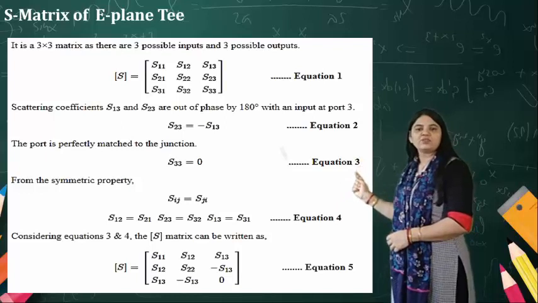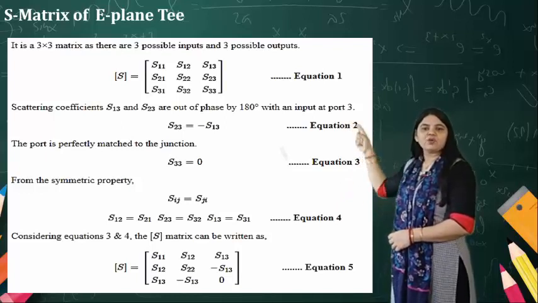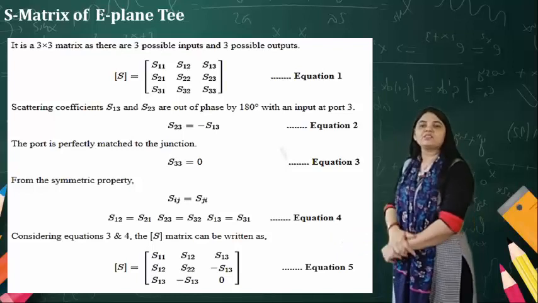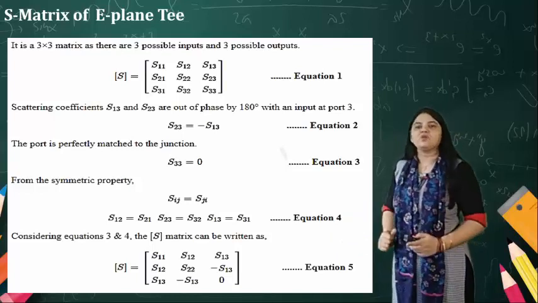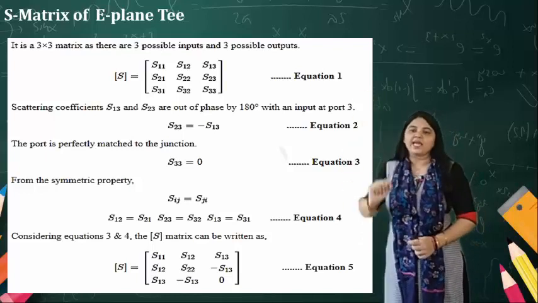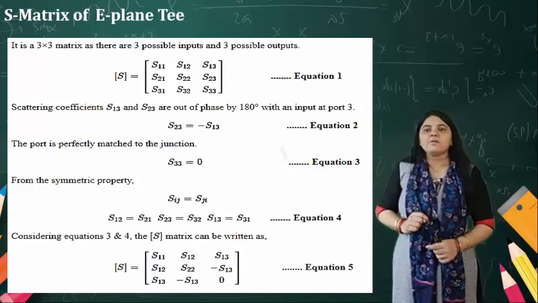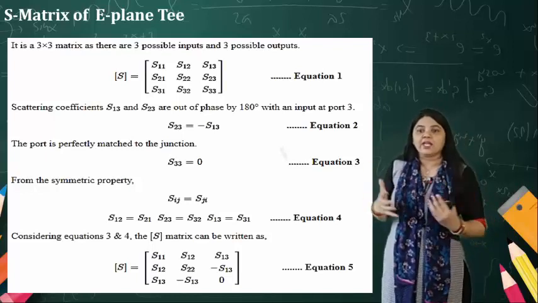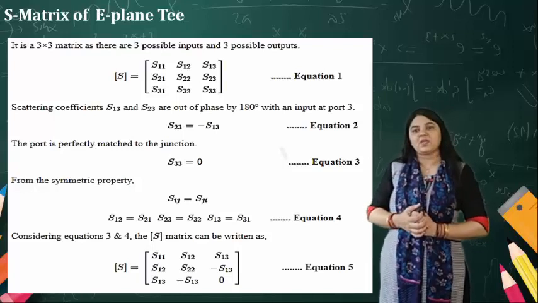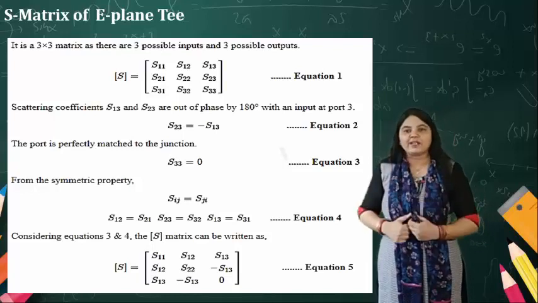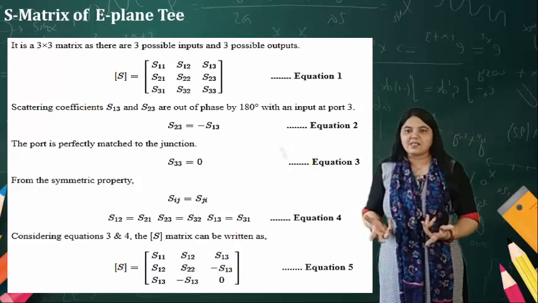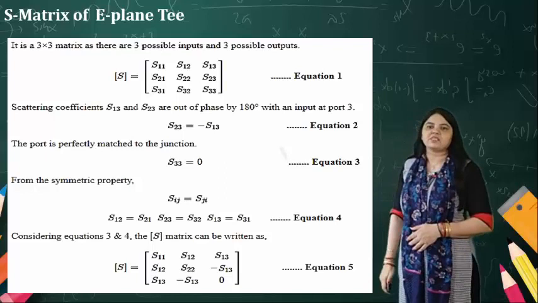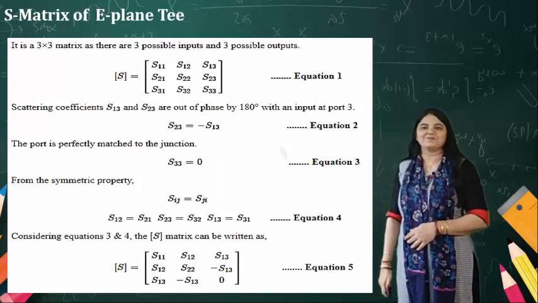S31 is S13, S32 is equal to minus S13. And what is S33? It is 0. Why 0? Because you are applying the input from port number 3, and as you know they have a 180 degree phase shift with respect to each other, so what could be the output at port number 3? It is nothing but 0. So we put that value, equal to 0.